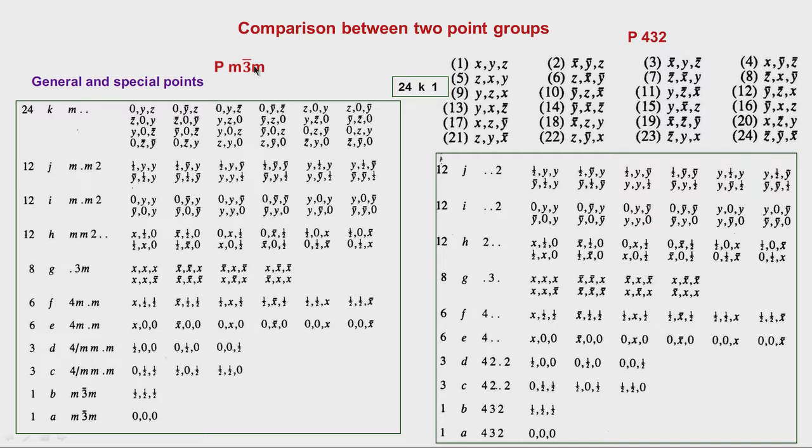Here, if you look at it, this is also a simple cubic lattice, and this is also 432. If I take an atom, an atom has an infinite symmetry, assuming it to be a sphere.